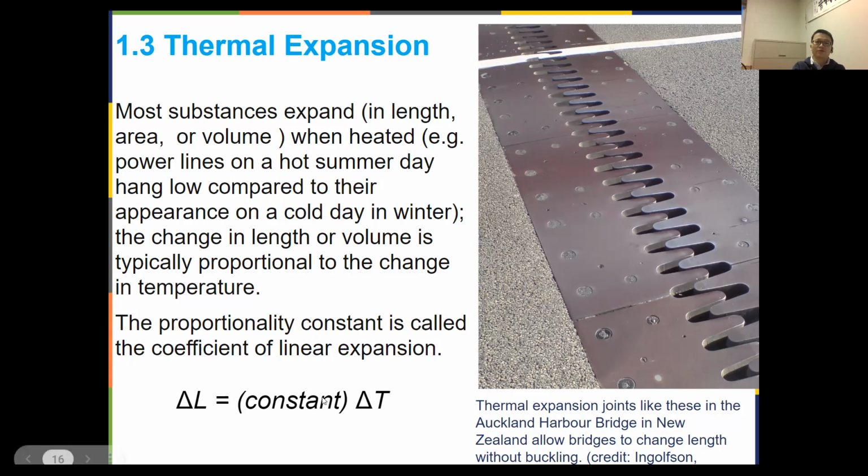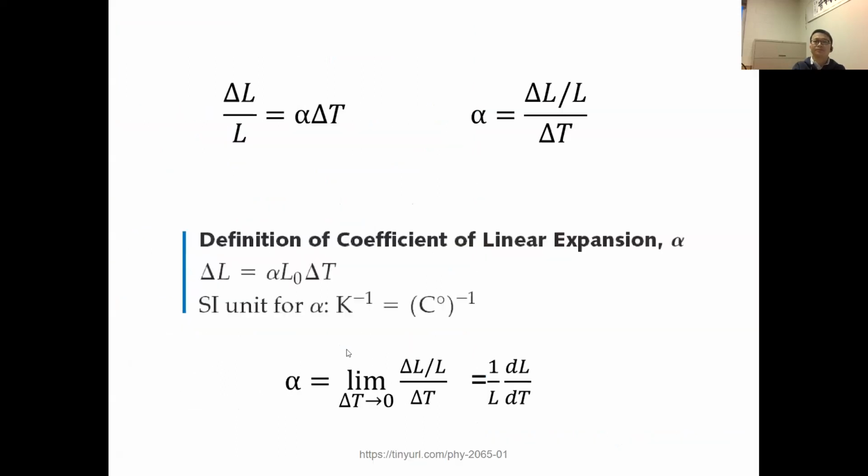So delta L equals the constant times delta T. If you take the ratio of delta L, the expansion in length, divided by the original length, it is equal to a coefficient, we call it alpha, times the change of temperature. If you rearrange this, you get alpha equals delta L over L, further divided by delta T. This coefficient alpha is called the coefficient of linear expansion.